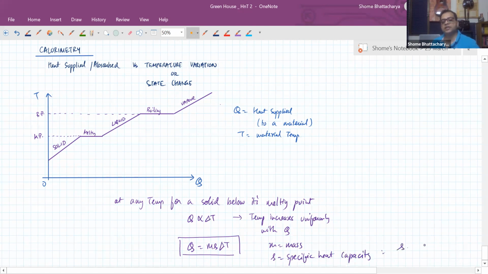From here you can see specific heat capacity is Q upon M delta T. So it is the heat supplied per kilogram, or per unit mass, per degree change in temperature.